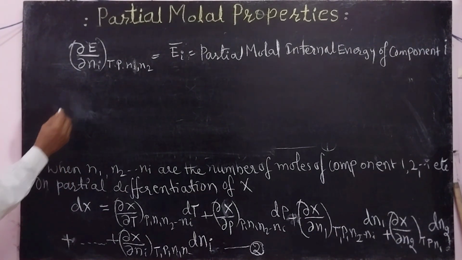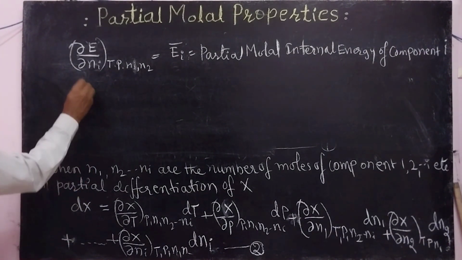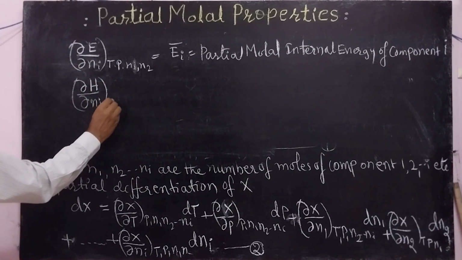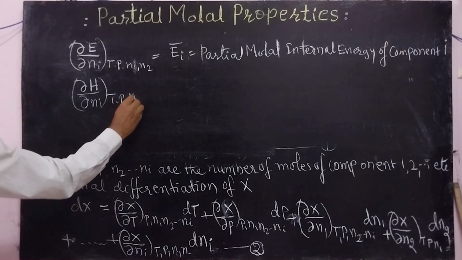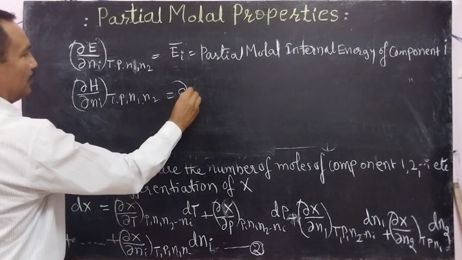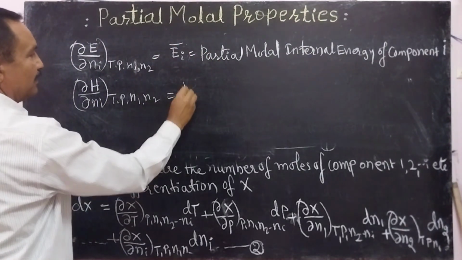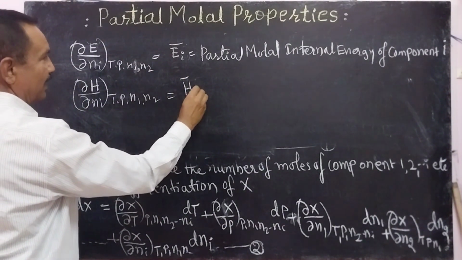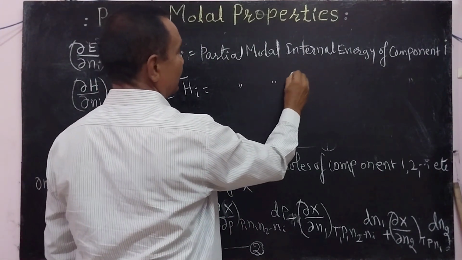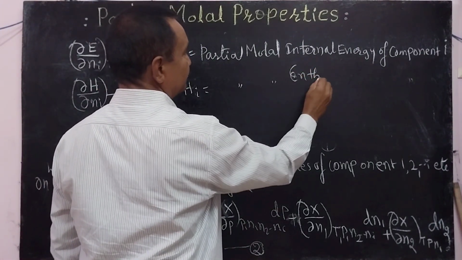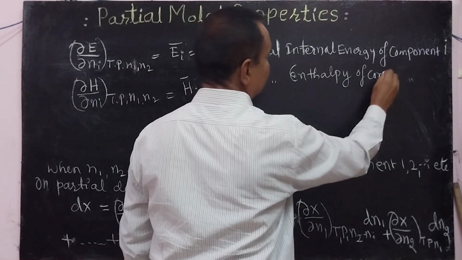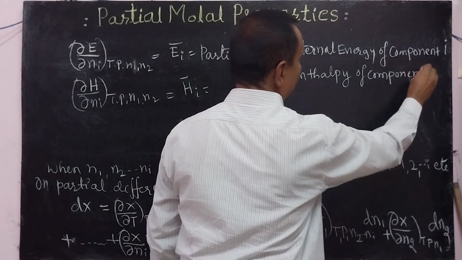Similarly for enthalpy we may write dou H divided by dou Ni at constant temperature, pressure, N1, N2. This is represented as Hi bar, the partial molar enthalpy of component i.